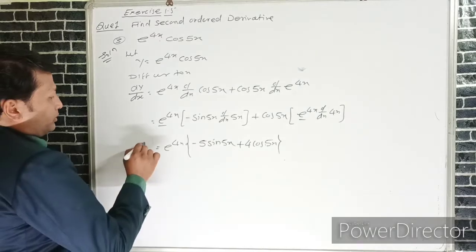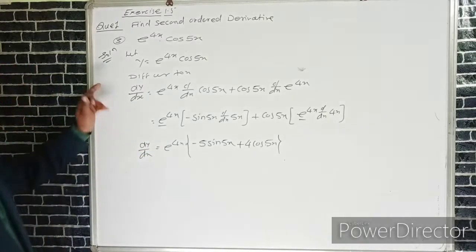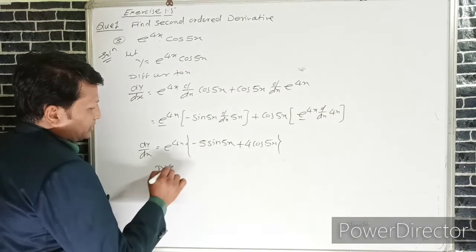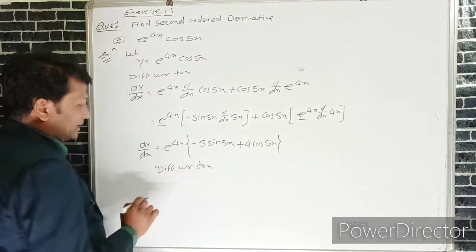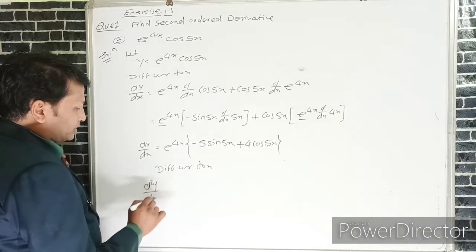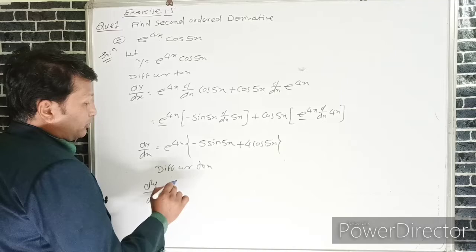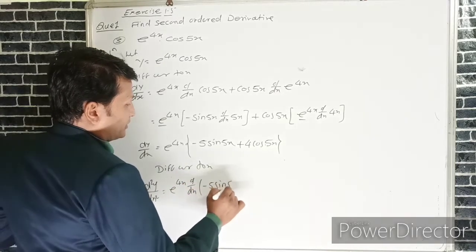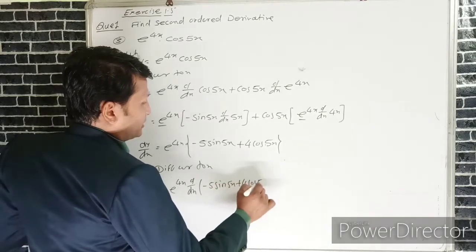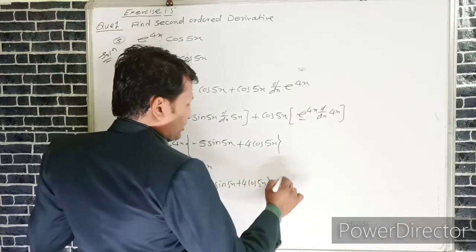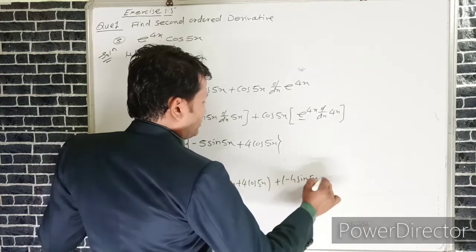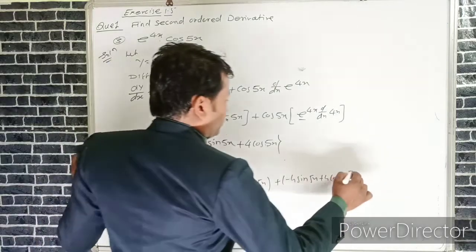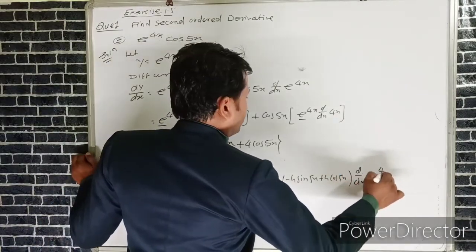Now we have to find the second order derivative, d2y upon dx square. So if we differentiate again with respect to x, we can write d2y upon dx square is equal to e to the power 4x, and we take again the derivative of minus 5 sin 5x plus 4 cos 5x, plus minus 5 sin 5x plus 4 cos 5x into the derivative of e to the power 4x.